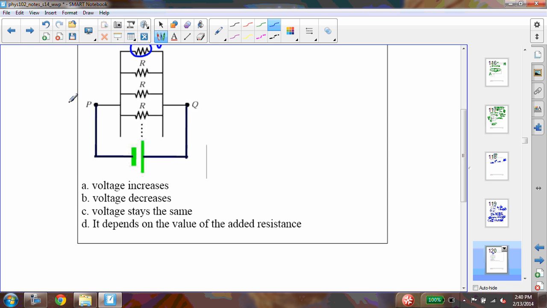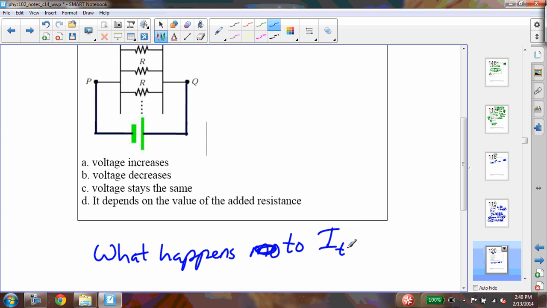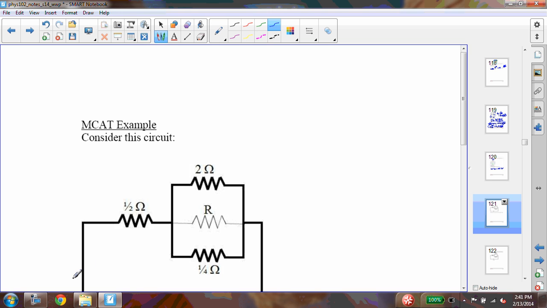Also ask yourself, what happens to the current, that is, the total current, as you add more and more resistors? We will come back to this.